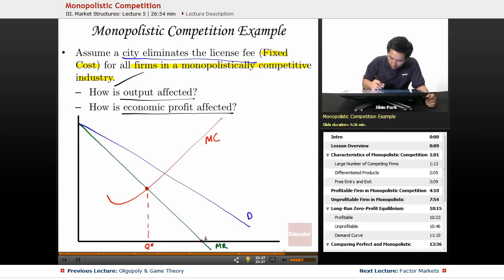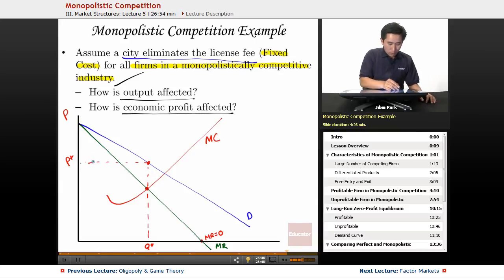And again, I'm going to put MR equals 0 here. That is a revenue maximizing point. And here's P star, and that is the profit maximizing quantity here.